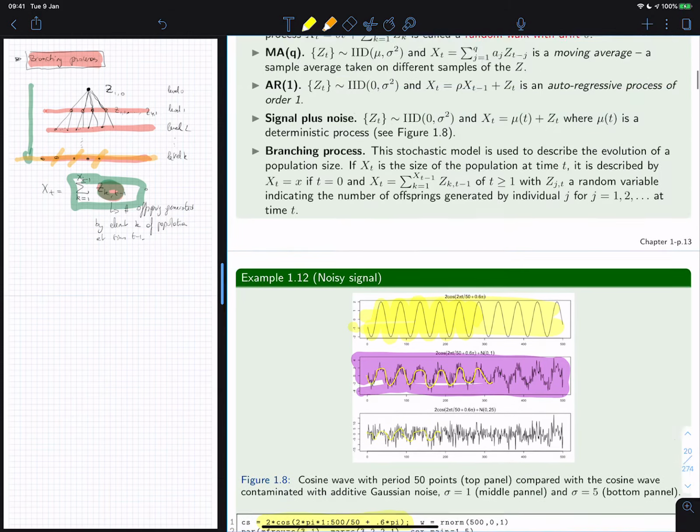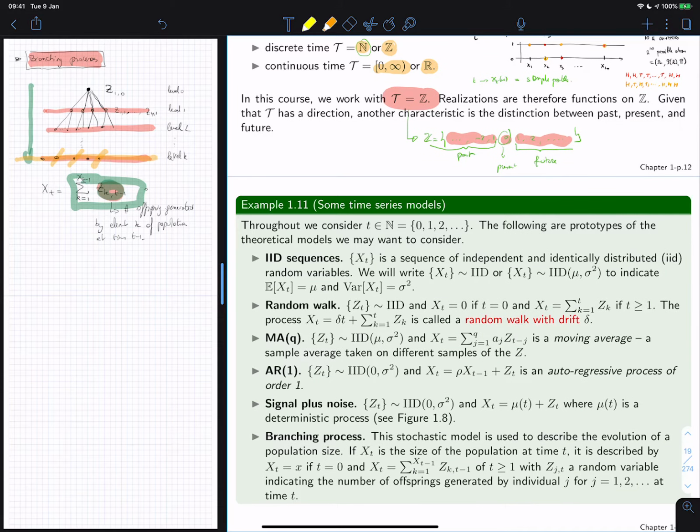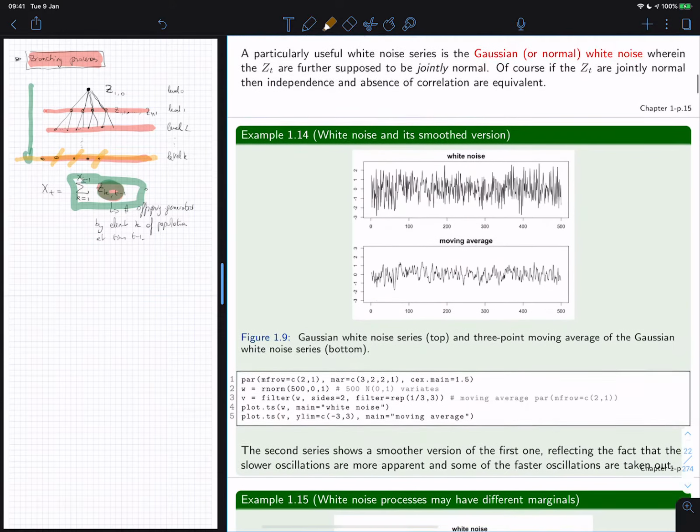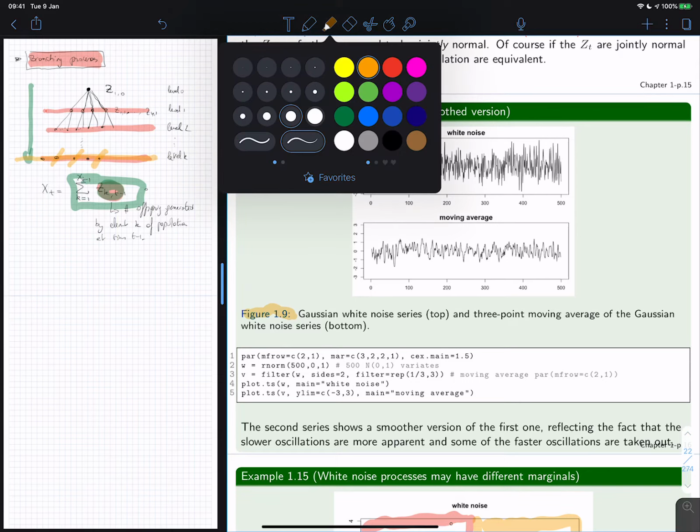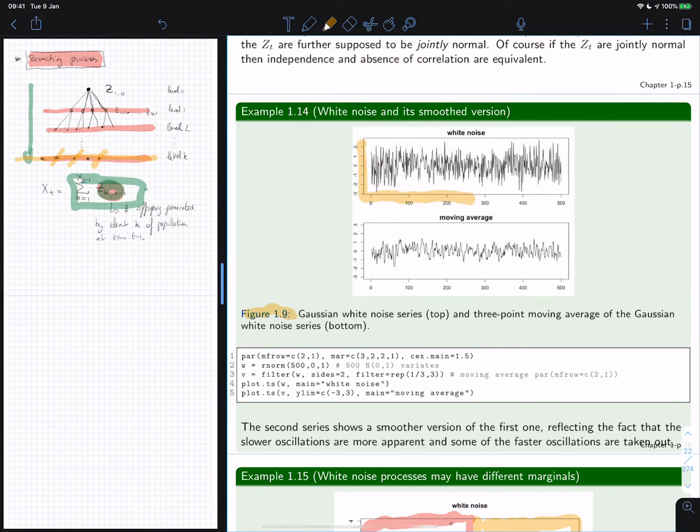I had forgotten that I had made a drawing of the moving average. The drawing is here in figure 1.9. That's the white noise process, and that's the effect of a 3-point moving average on the white noise.